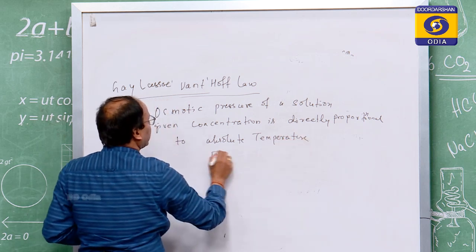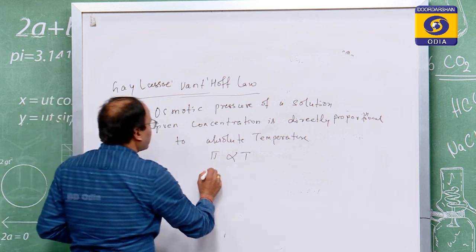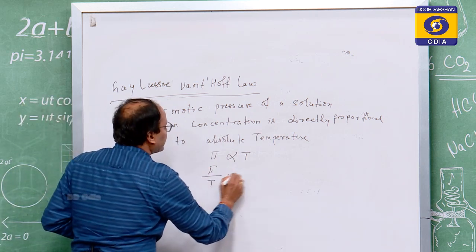That is, pi is directly proportional to T. T is the temperature in absolute scale. So, pi by T is equal to constant.